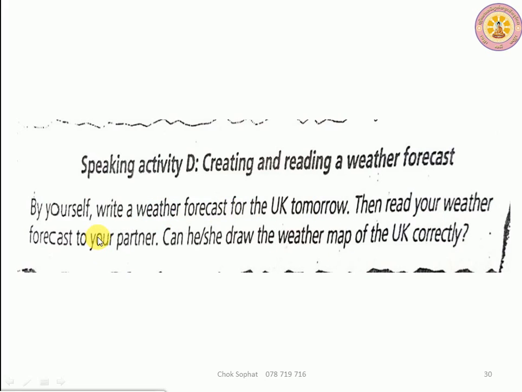The students can see the weather conditions of today, so they can write the weather forecast. This is a kind of extensive performance.